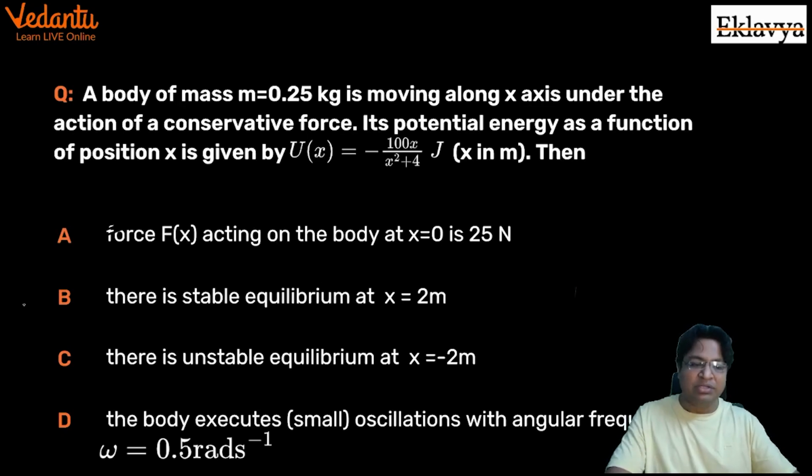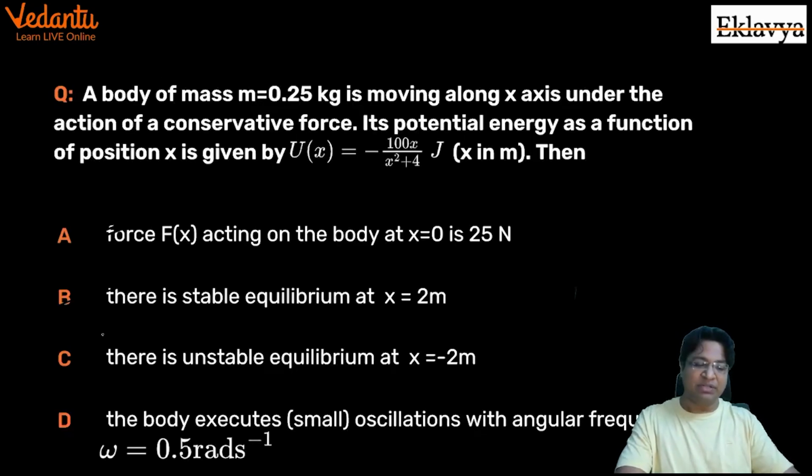So this is correct. Similarly, if I want to check for x equals to minus 2, if I take it somewhere to the right of this point, so x will now become minus 1.99 maybe. When you put this value here, you get a positive value of force, which means that the force will be in this direction.